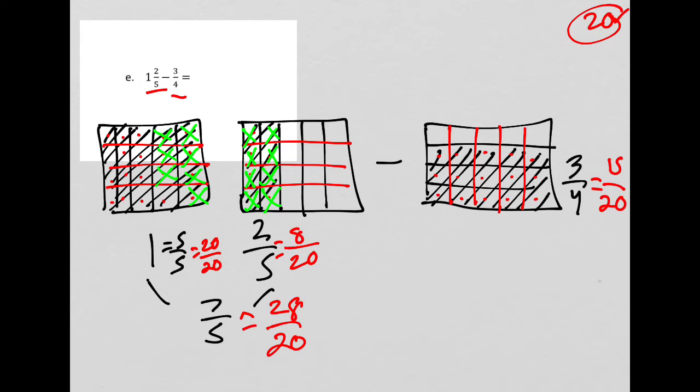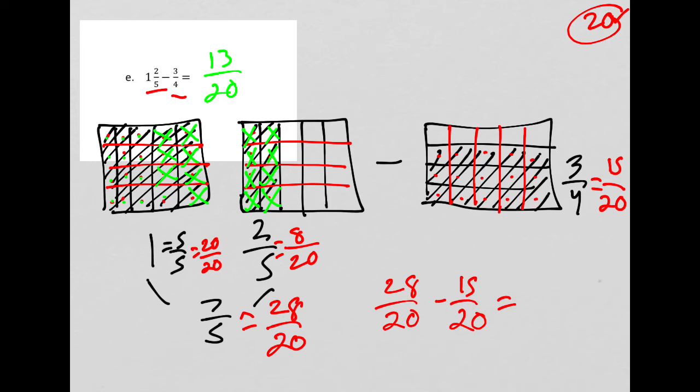I cleared off this whole one and I had to go into the whole, which is fine because they're connected. And I'm going to see how many I have left now. 1, 2, 3, 4, 5, 6, 7, 8, 9, 10, 11, 12, 13. So I should have 13 20ths as my leftovers here. Let's double check with the math. So I had my equation of 28 20ths minus 15 twentieths, because I'm thinking about them as their common denominators.